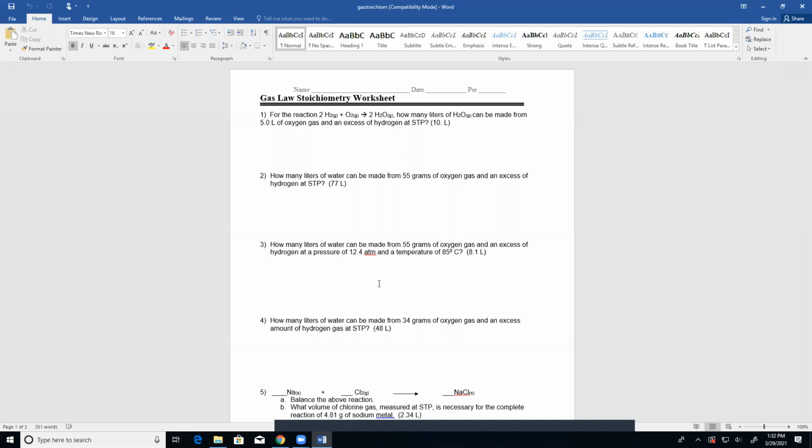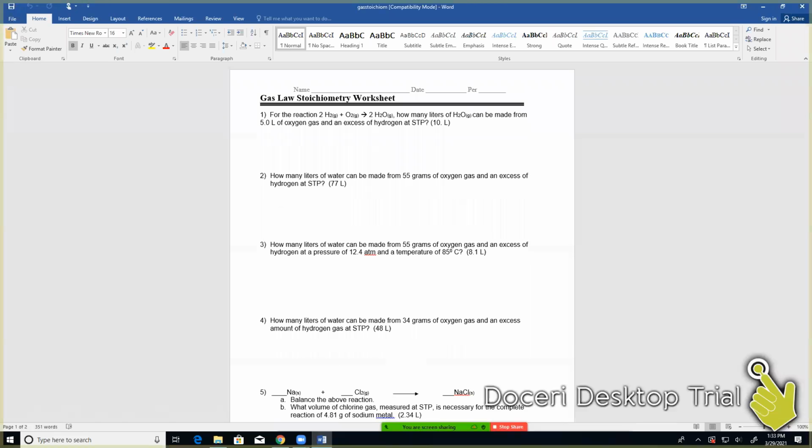So, like I said, this one is kind of just an oddball one, and usually I'm not going to put an oddball question on a quick test. Okay, so for this reaction, you got your nice balanced equation. It tells you that everything is a gas. How many liters of water can be made from 5 liters of oxygen gas and excess hydrogen at STP?